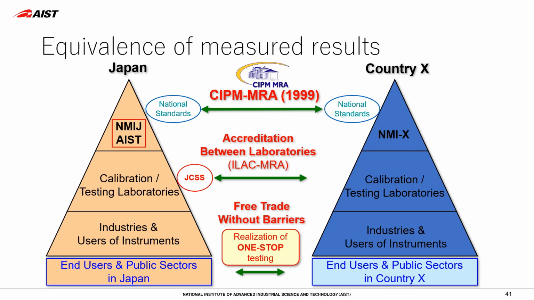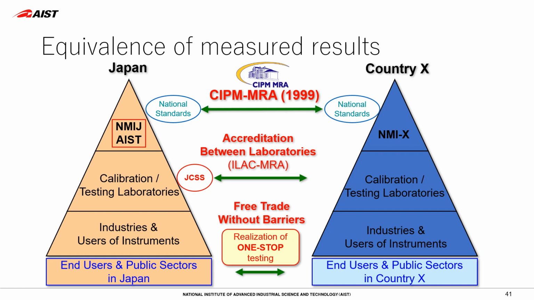However, sometimes the importer in country X won't accept the test reports and requests retesting in country X. The test procedure is certified by the domestic accreditation body, and the key measured values are also traceable to the national measurement standard maintained by the National Metrology Institute, AIST in Japan. A similar system should be established in country X.